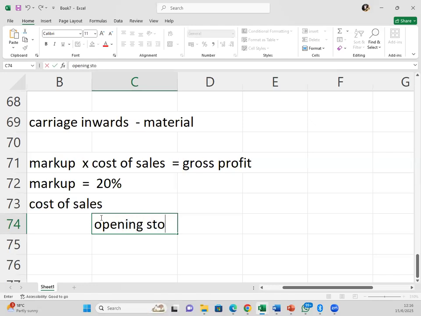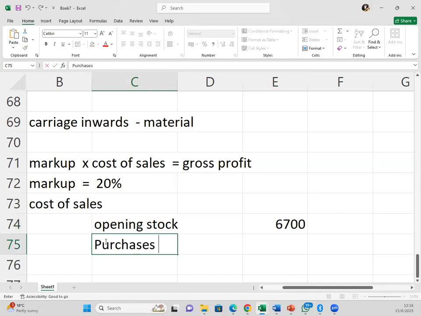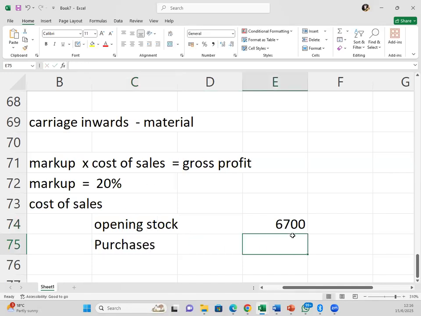How much is our opening inventory from the question? 6.7. Then we add the purchases. How much are the purchases? 84,000.